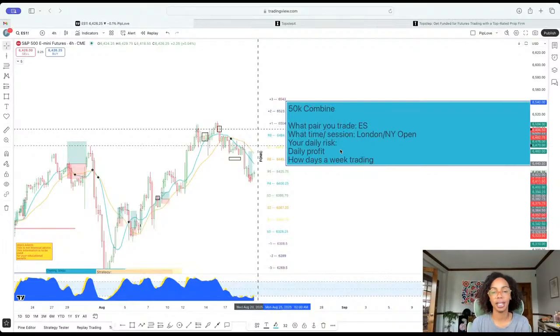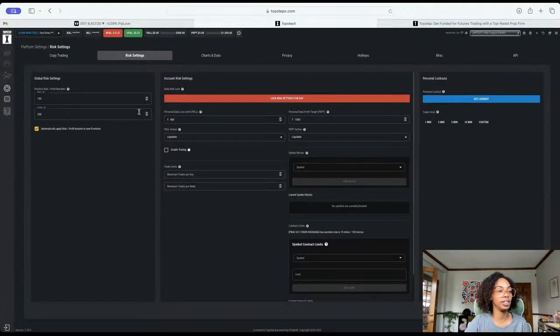So I like to take that $2,000 and divide it by 5 so that there's no way that you can blow your account in a week, because you're going to set your risk to a point where your account is going to lock up. Again, you come over here to your risk settings.